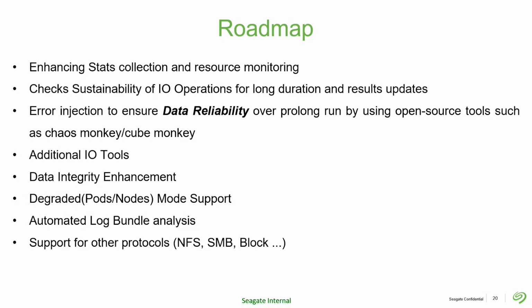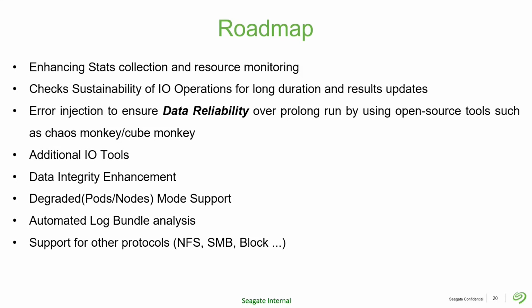Also, we are adding different scenarios for degrade mode support, where you want to degrade pods or nodes. Also, we are generating log bundles as of now, but we want to add automated analysis with homegrown tools, so that at an initial level we can find the problems and update accordingly.